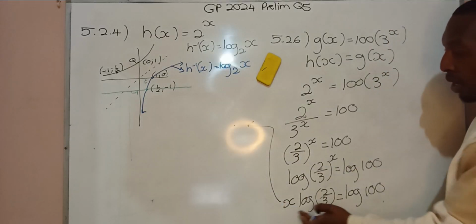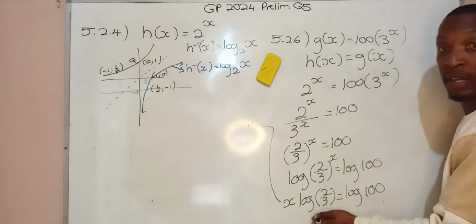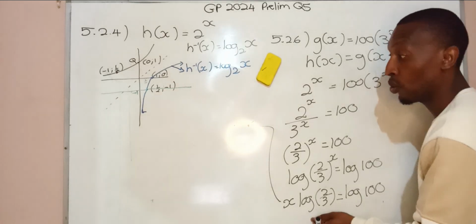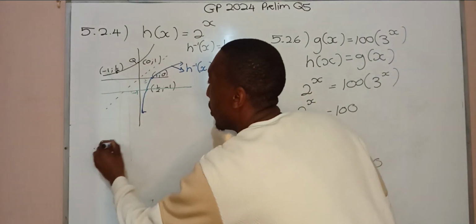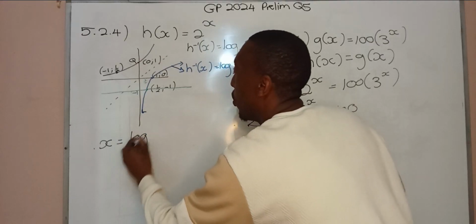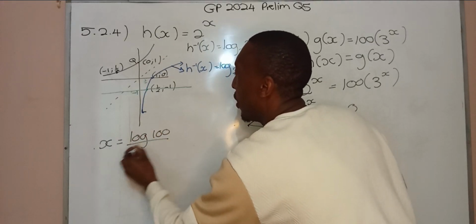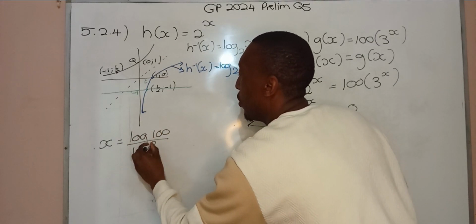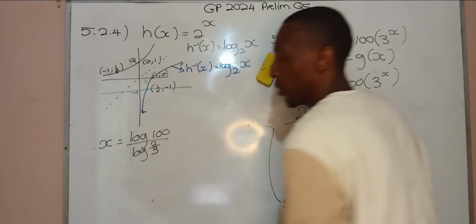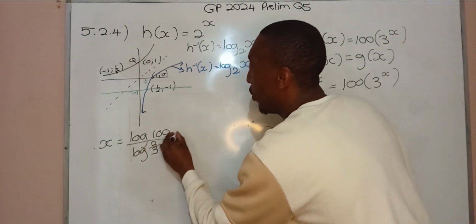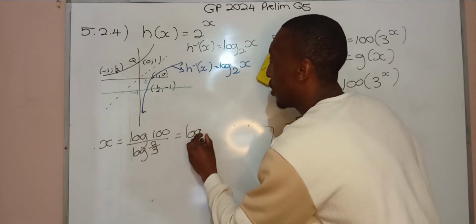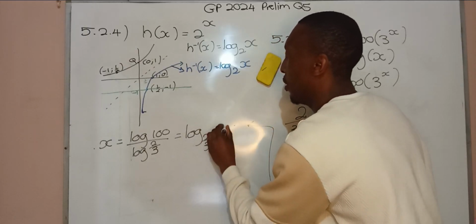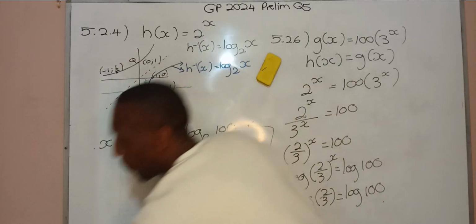I want x on its own, so let's divide both sides by log 2 over 3. So x is equal to log 100 over log 2 over 3. If you want, you can write it as log base 2 over 3 of 100.